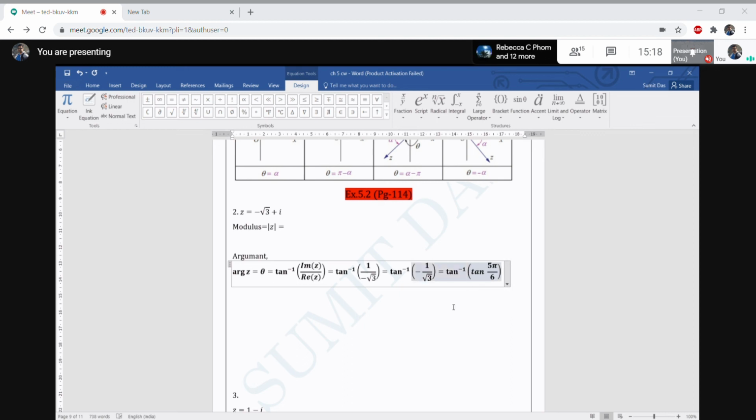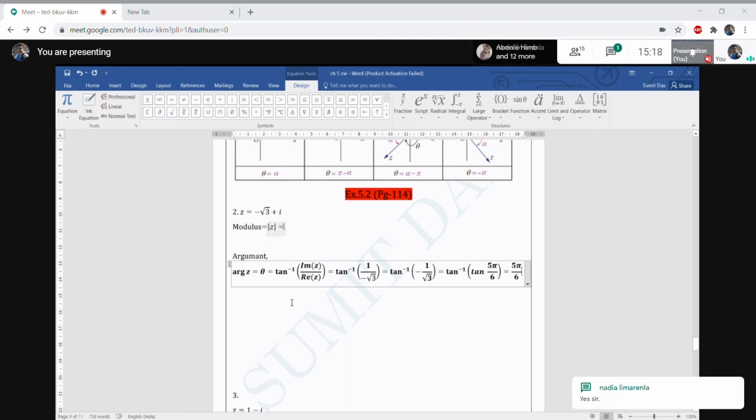This answer will be 5 pi by 6. Okay, so this is a little bit complicated one, right? You can do it this way. For question number 1 I'll show you another alternative way.